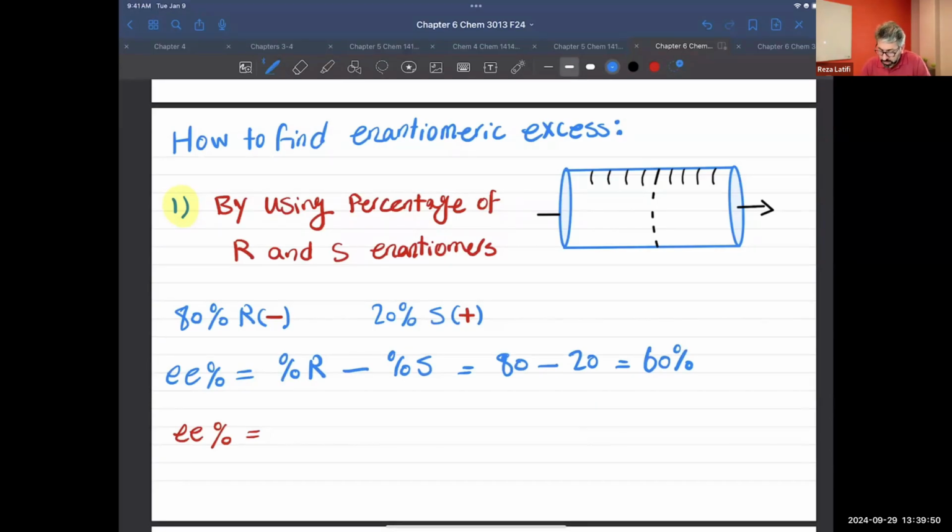What does it mean? It says you have 80% from R. So let's show the 80% from R. This one is the 50%, and 80% is going to fall, let's say this is 60, 70, 80, so it's going to fall here. I'm going to highlight that one with yellow color.